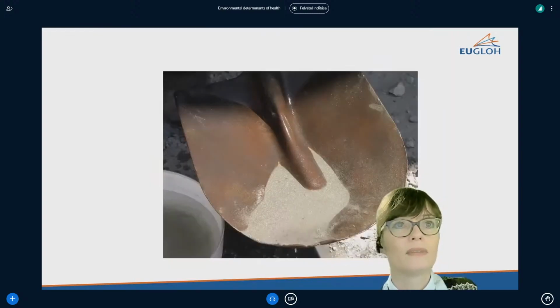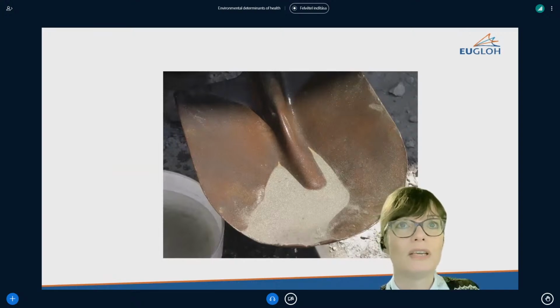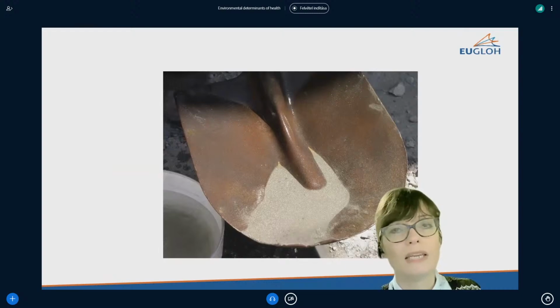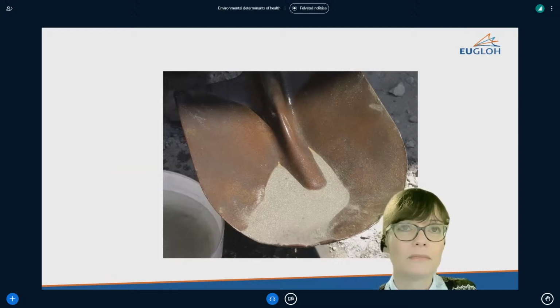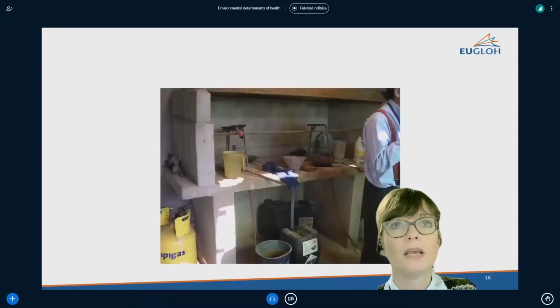Here you see the sand, which is produced after the crushing, and in the crushed stones, the sand, you might already see some shining, which could be gold. And then back home in their backyards, to which they also invited us, they burn the mixture. And then the mercury is evaporating to the air.